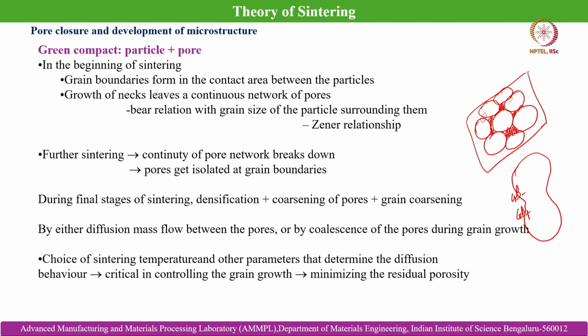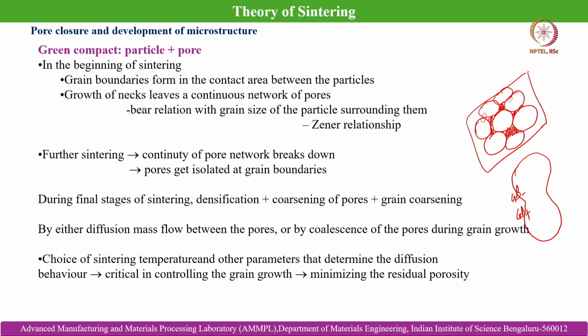So, further sintering establishes continuity of pore network, which breaks down, of course, because initially the pores which are present after removal of the polymeric ingredients or additive ingredients by the debinding mechanism, be it solvent or thermal debinding, are connected to each other.